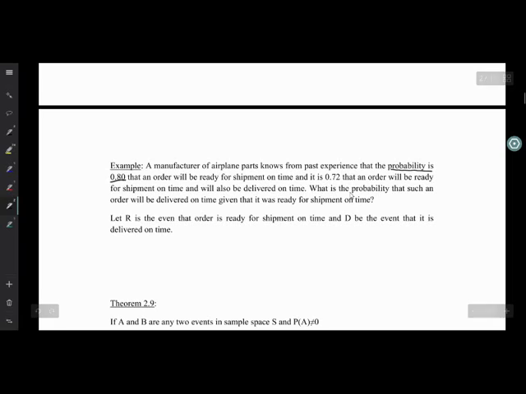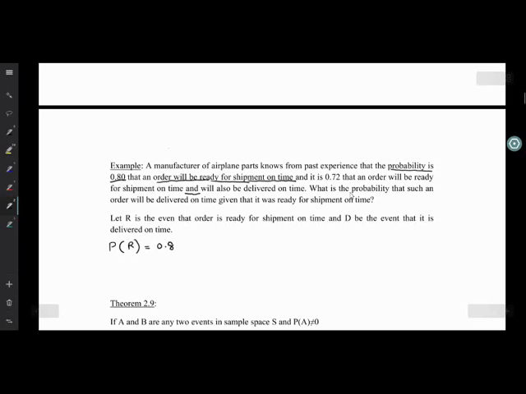That probability is that the order will be ready for shipment on time. So let's define that as the probability that the order is ready. Let's say probability of R is 0.8. We have another probability that is 0.72. That is the probability the order will be ready for shipment on time and will be delivered on time.